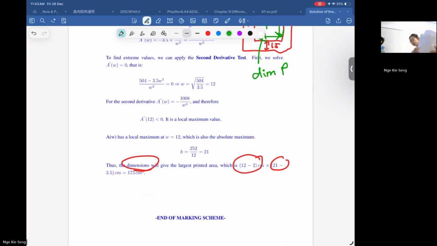So the answer is correct. But you're not using the limit, right? Yes. So I have to use another one, because that's how we determine the horizontal and vertical.